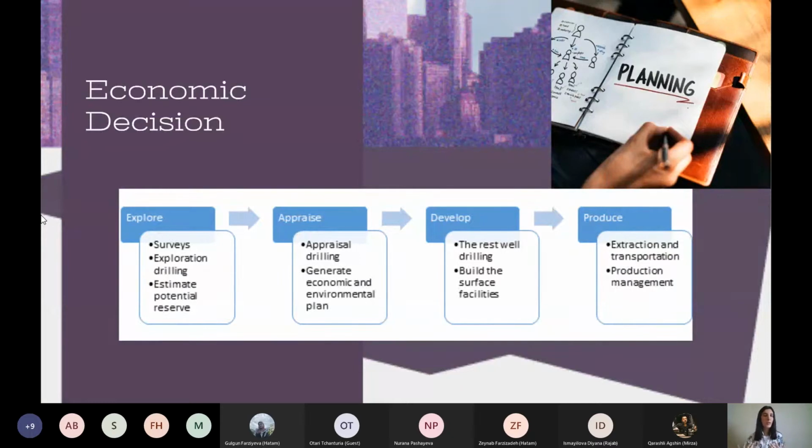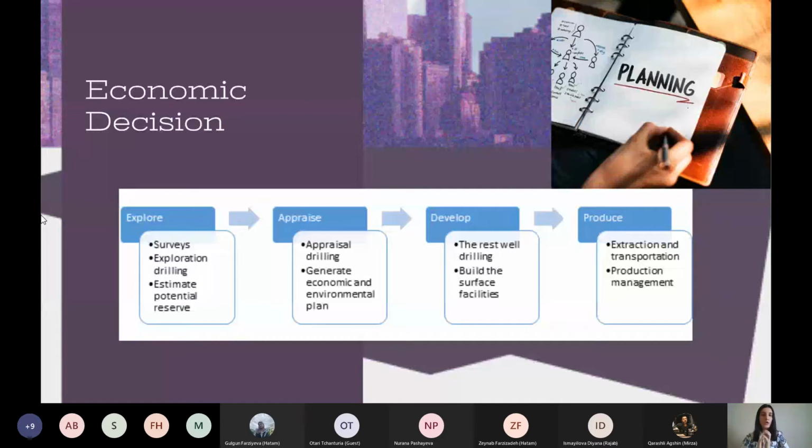I have to be careful about the environment and not hurt it, because I would like to produce this petroleum for a very long period of time. So this is evaluation, this is appraisal. After this, you need to develop your petroleum. So what's left?